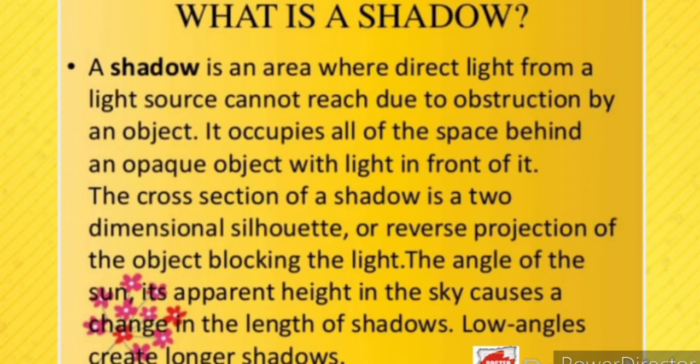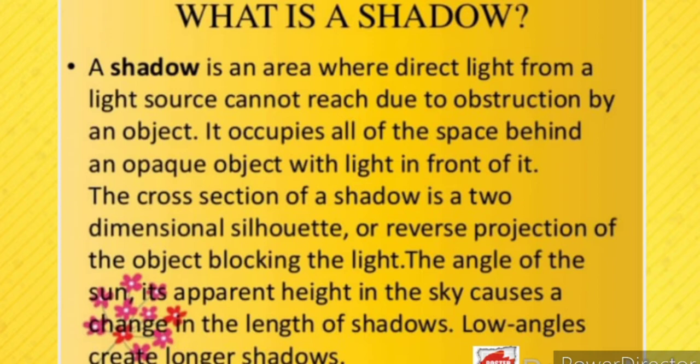The cross-section of a shadow is a two-dimensional silhouette or reverse projection of the object blocking the light. The angle of the sun, its apparent height in the sky, causes a change in the length of the shadows. Low angles create longer shadows. That is why during the morning and the evening we see a longer shadow as compared to noon time.